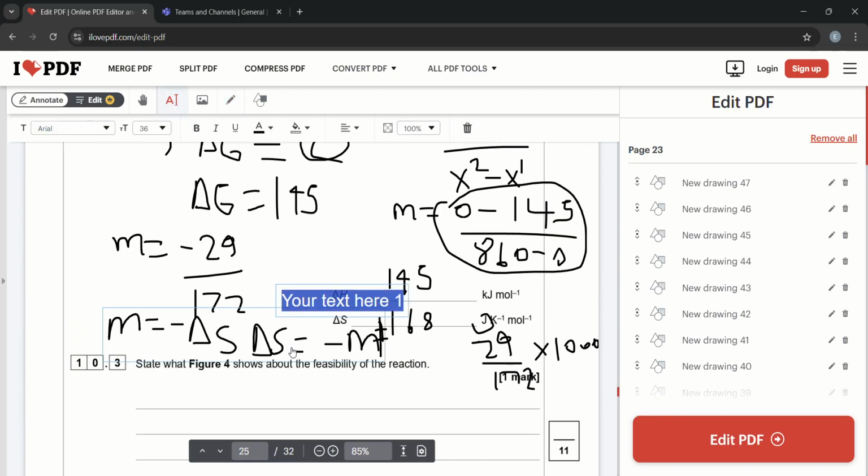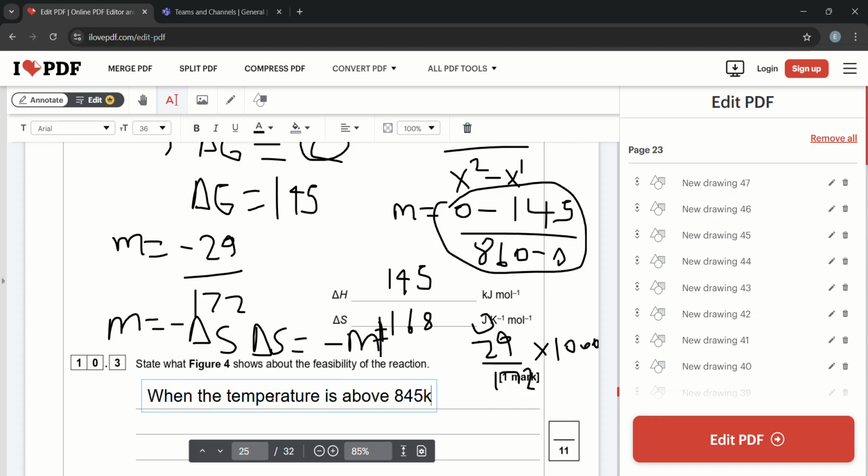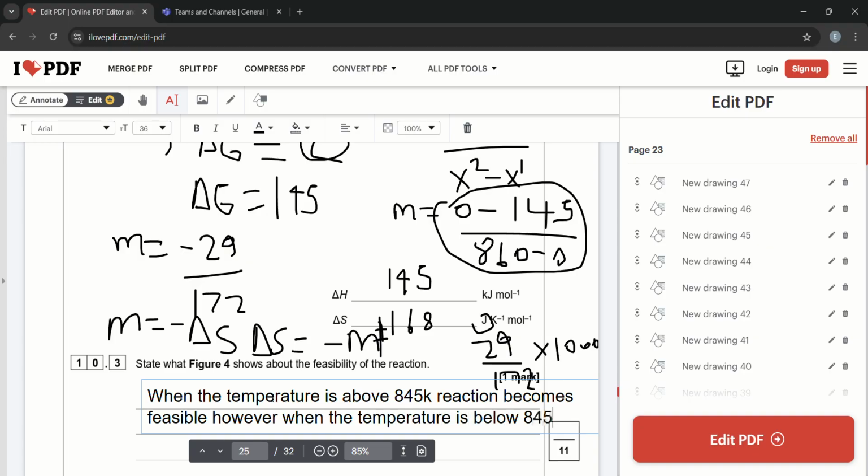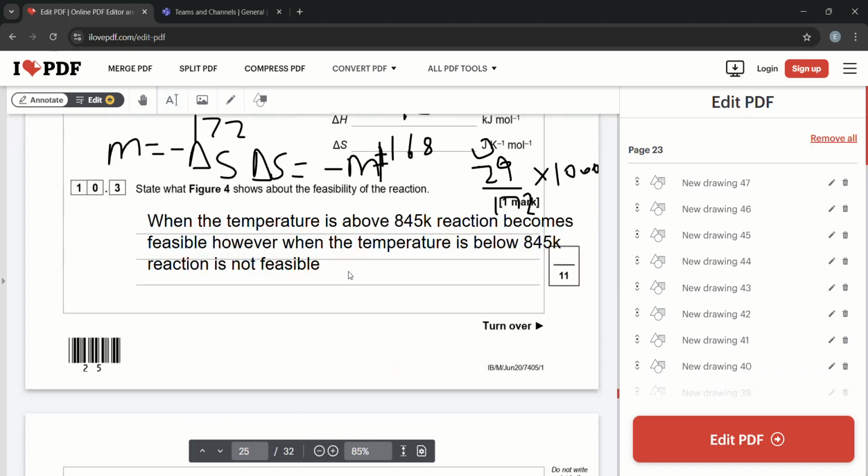So we need to type that down in this case. When the temperature is above 845 Kelvin, the reaction becomes feasible. However, when the temperature is below 845 Kelvin, the reaction is not feasible. That's it for question 10.